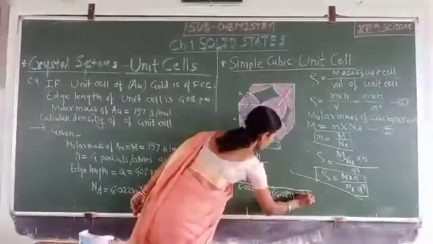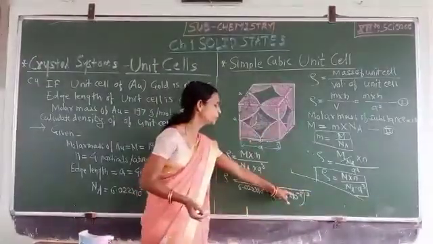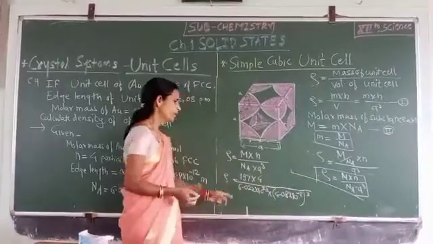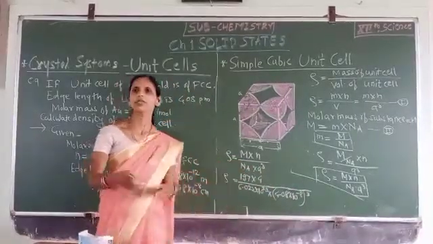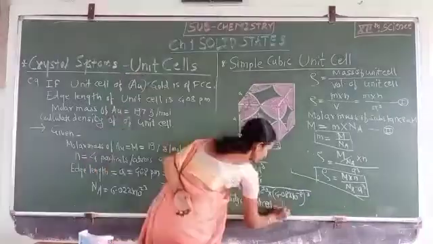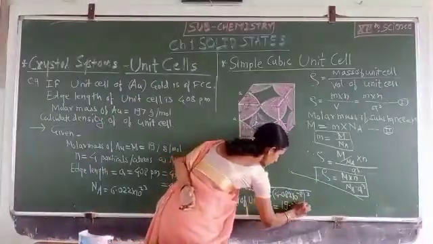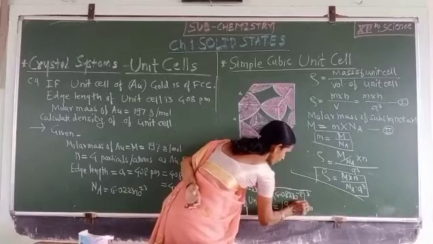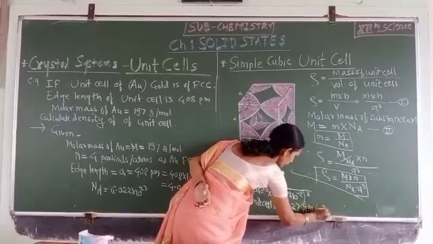Therefore, the cube of 4.08 into 10 raised to minus 8. Then solving or simplifying all those, we get 19.27 gram per cm cube.